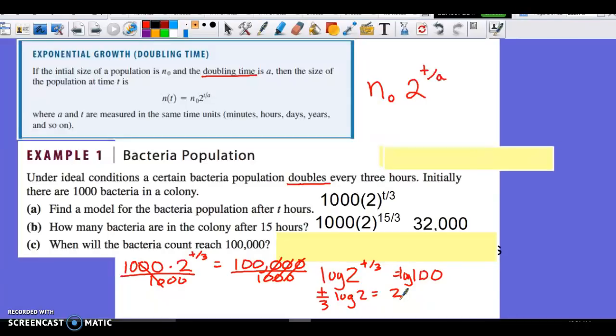I'm going to get rid of everything that's around t. There are two things bothering it: I need to multiply by 3, and I need to divide by log 2. It really doesn't matter what order I do it in. So I'm going to take 2, divide by log 2, and then multiply by 3. And I get 19.9.